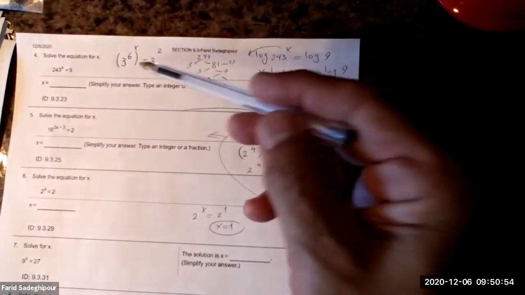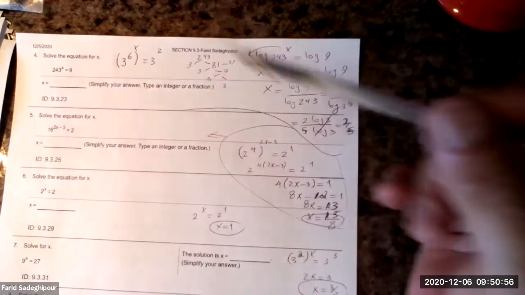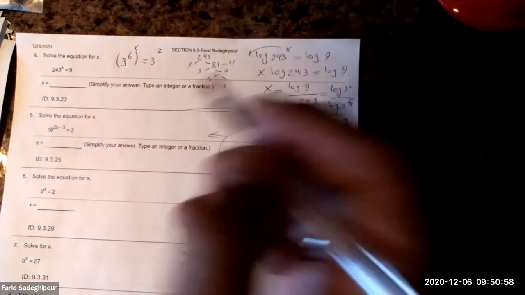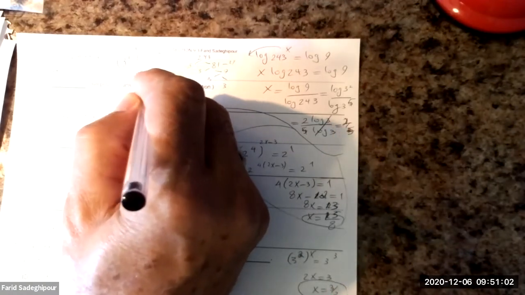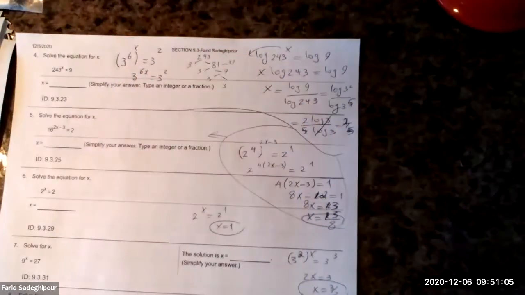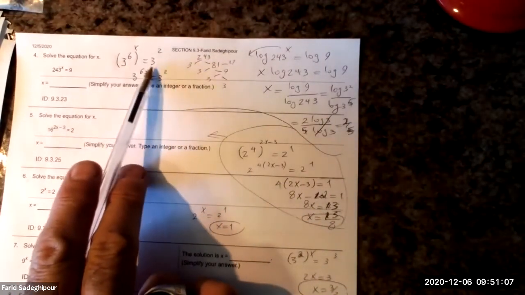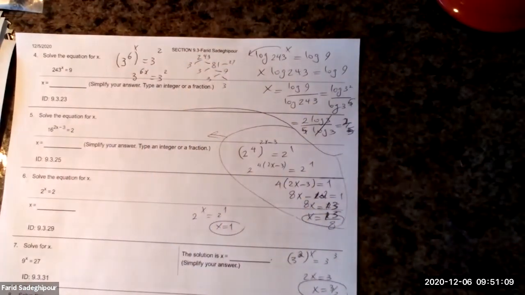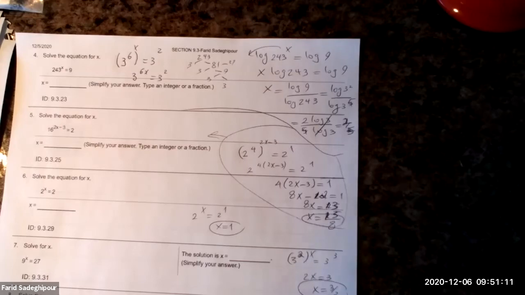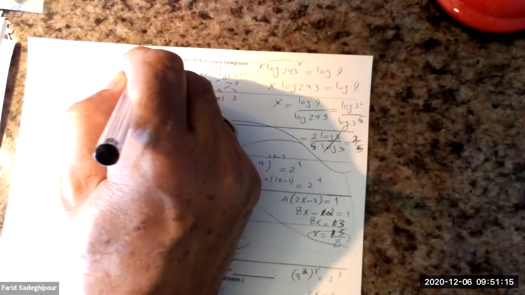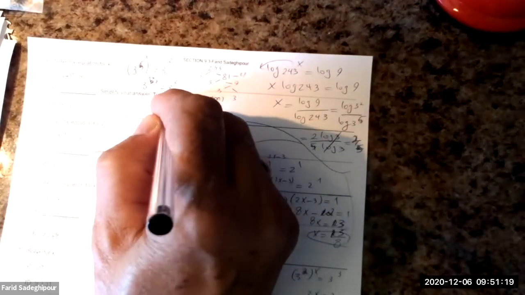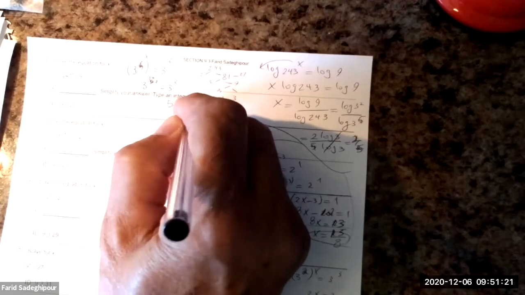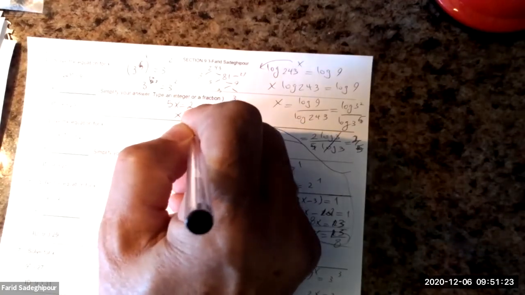And in algebra, if you have more than one power, you always multiply, right? So 3 to the power of 5x is 3 to the power of 2. Is it 6 or 5? I'm sorry, this is 5. So 5x equals 2, and x is 2/5. That's another way to do it.